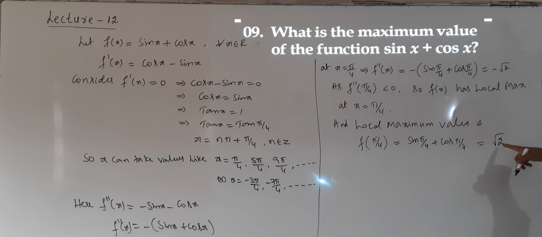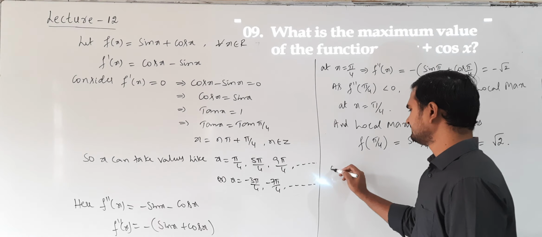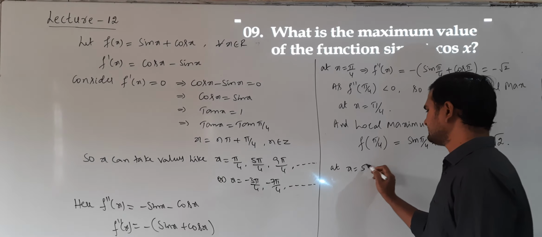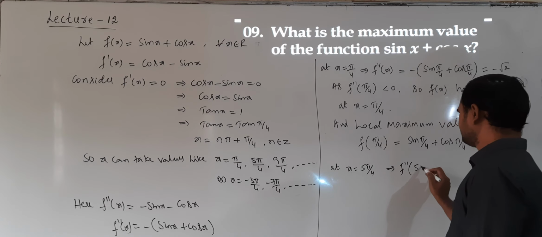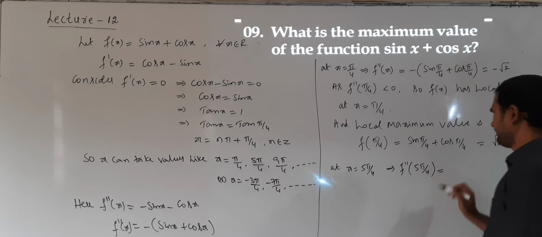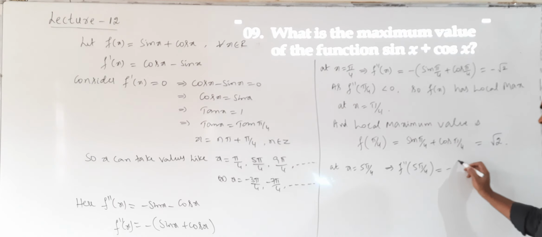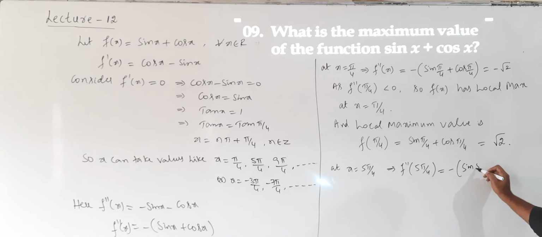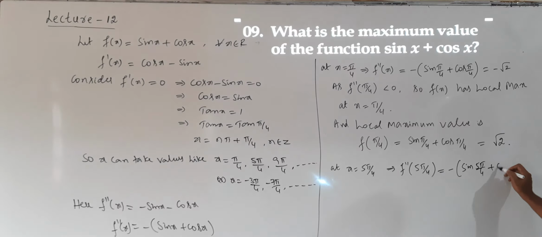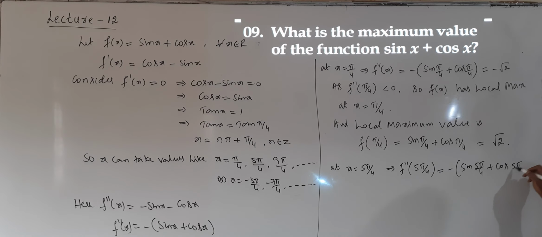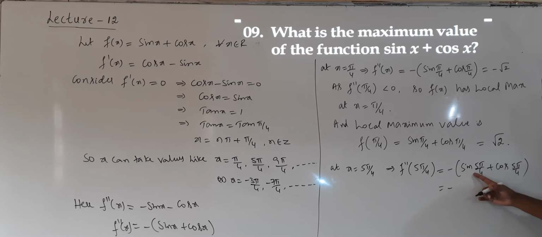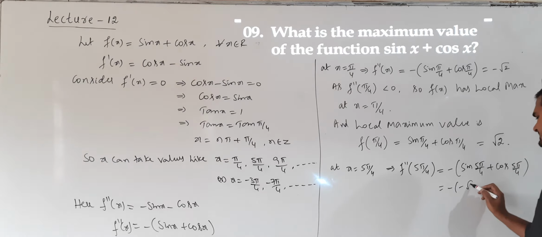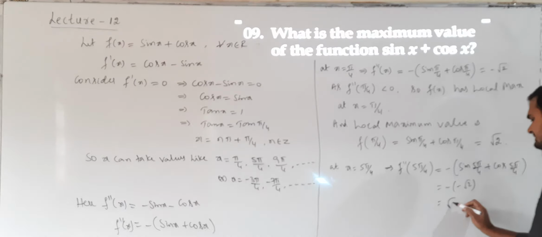Next, we take another critical point at x equal to 5 pi by 4. What is the second derivative? The second derivative is minus of sin 5 pi by 4 plus cos 5 pi by 4. This is minus of minus 1 by root 2 minus 1 by root 2, minus 2 by root 2, which is plus root 2.